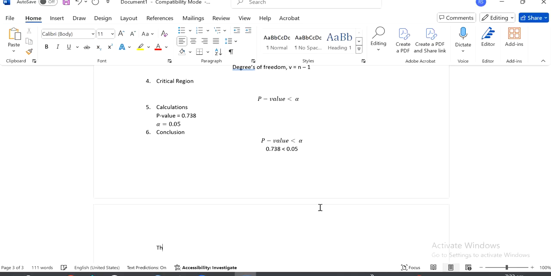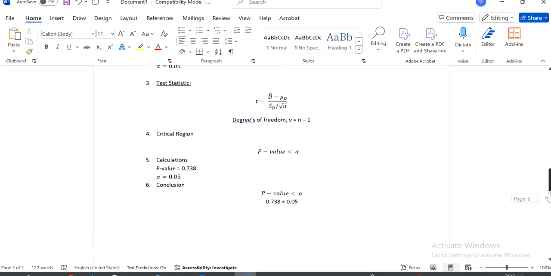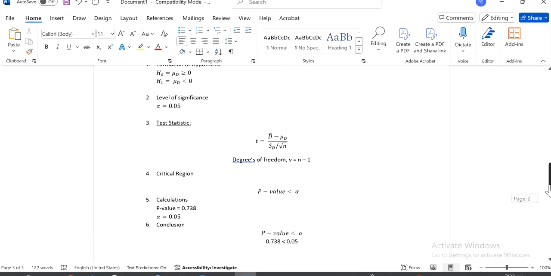So the above statement is false, and we do not reject H naught. We are not rejecting H naught because it is not in the critical region, the statement is false.